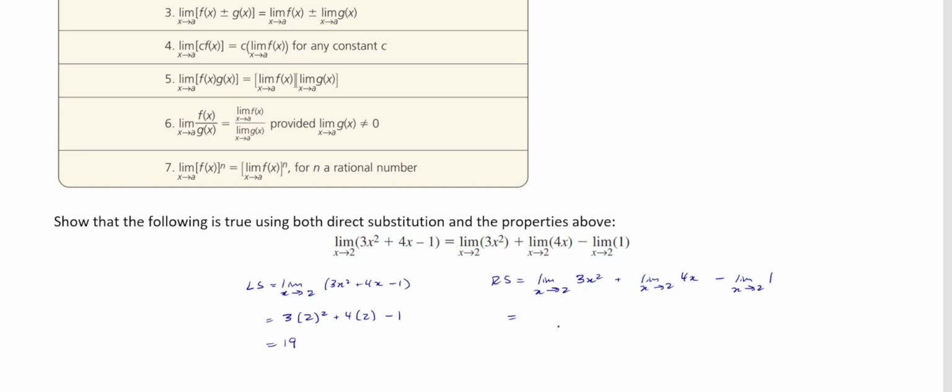Using direct substitution in the first one, this is simply 3 times 2 squared plus, again direct substitution, 4 times 2. And remember, the limit of a constant is just equal to that constant. And we end up with, again, 19. So we've shown here that if you have several terms added or subtracted together within a limit, you can break it up into several different limits.